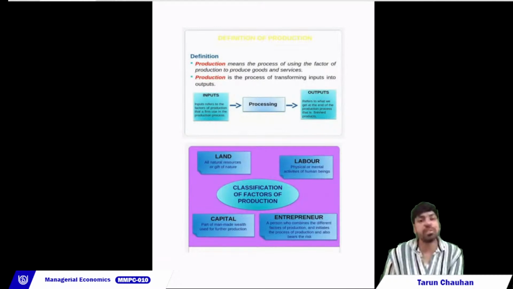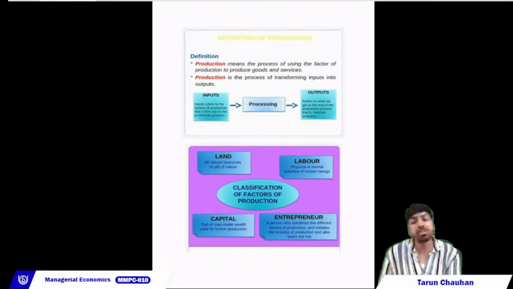Input refers to all those factors of production used in the production process. Once the inputs get processed, they are transformed into output. So output is a final product, or in other words, a finished product.